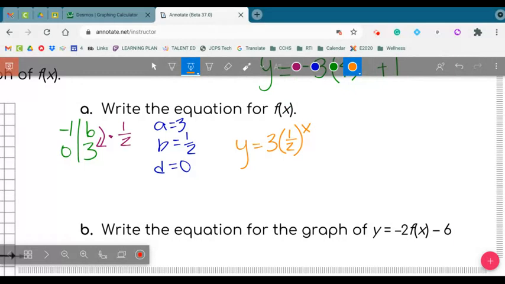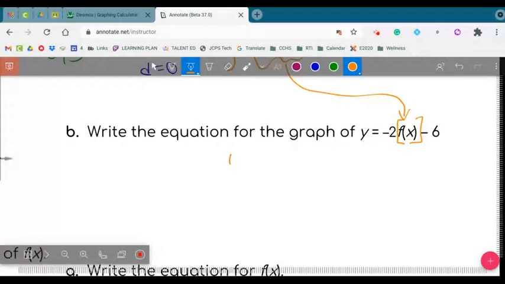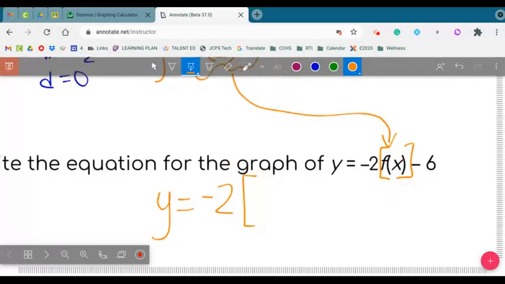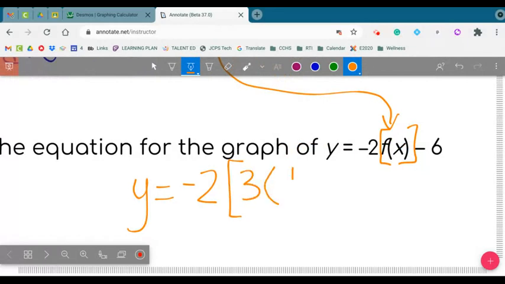Okay, so I'm going to take this equation and I'm going to plug it in for f of x. So this is where I'm putting in my equation. So I'm going to have y equals negative 2, do my brackets, 3 times 1/2 to the x, close my brackets, minus 6.